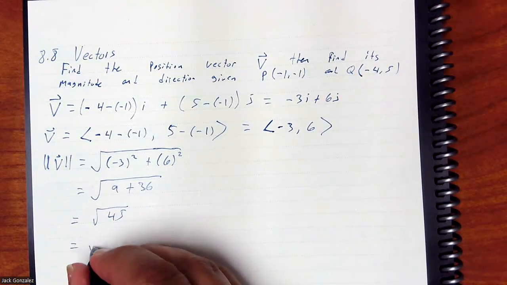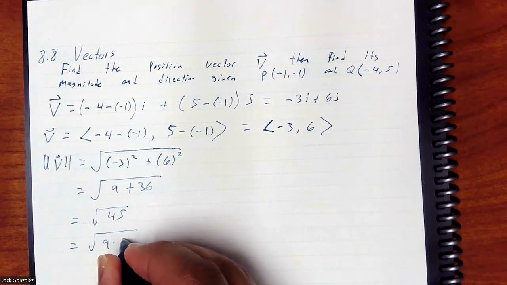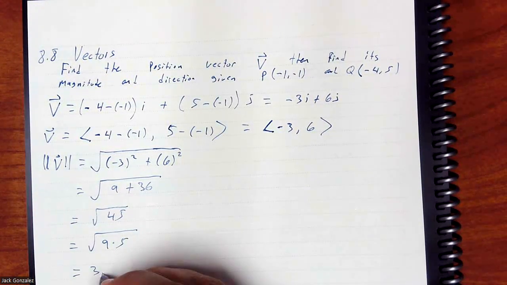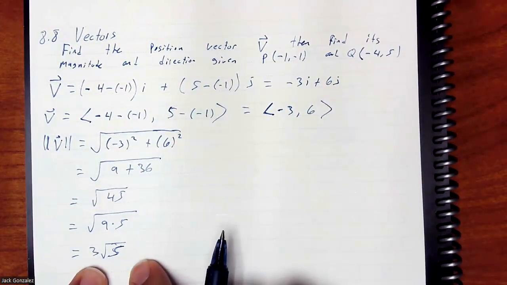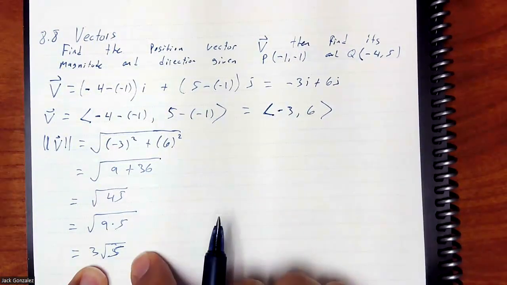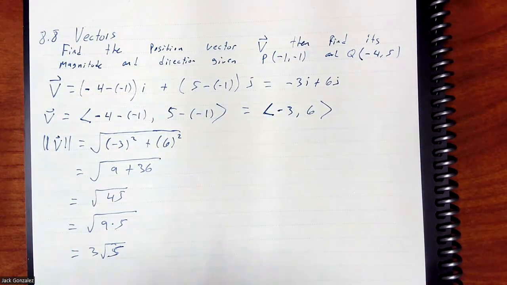Now we know that 45 contains 9 times 5. Right? This would be the reduced form for the square root. That's the length of your vector. Okay.